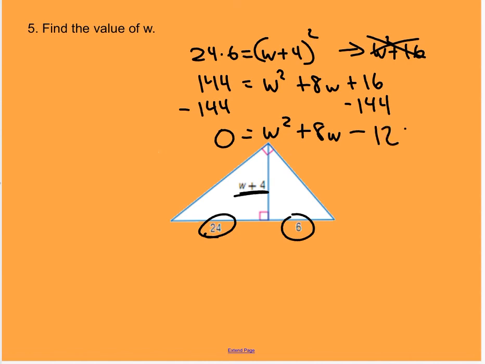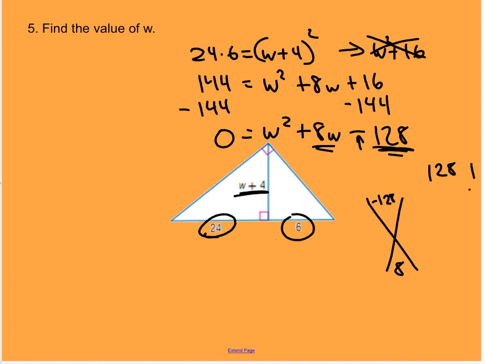128. Now I have to factor. Aha. Words that strike fear into all math students' hearts. Factoring. So this is where I work backwards. What multiplies to negative 128 and subtracts to 8? You can draw your x, negative 128 and 8, and figure that out. So start playing around with factors.